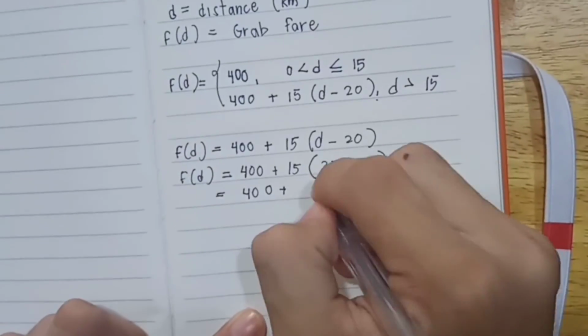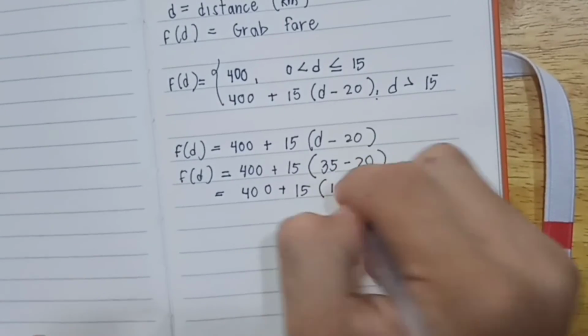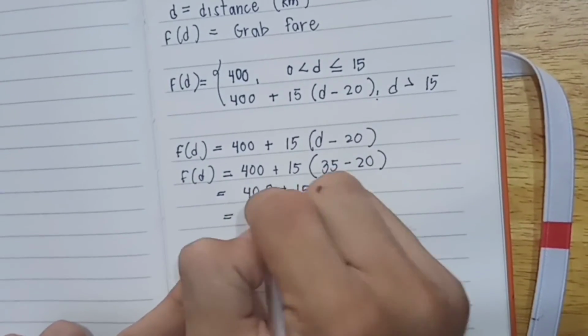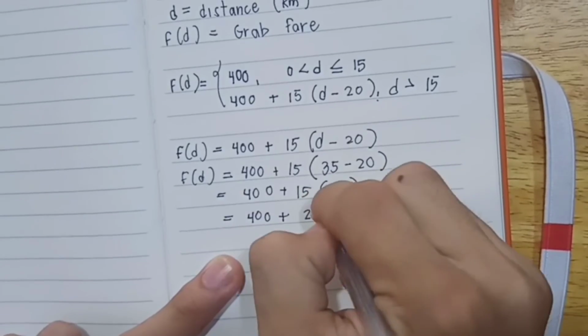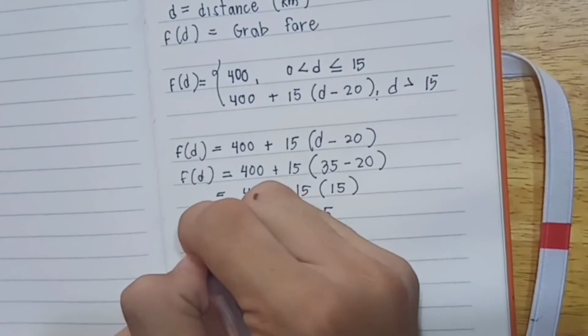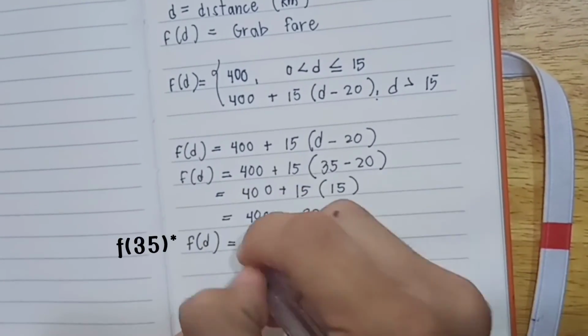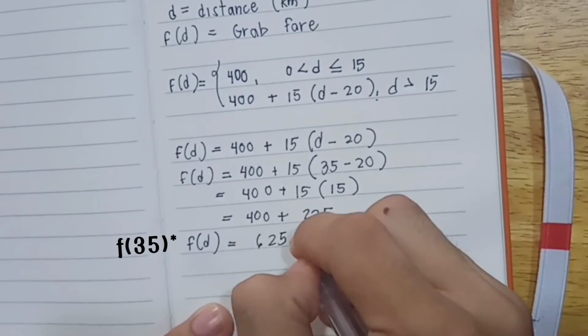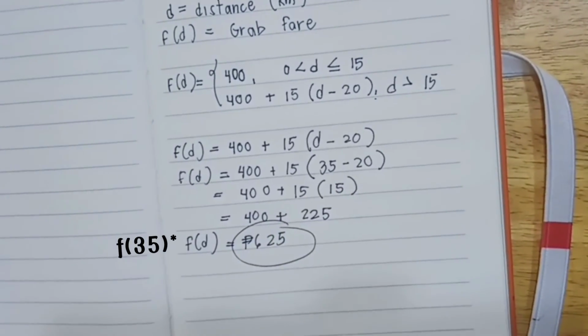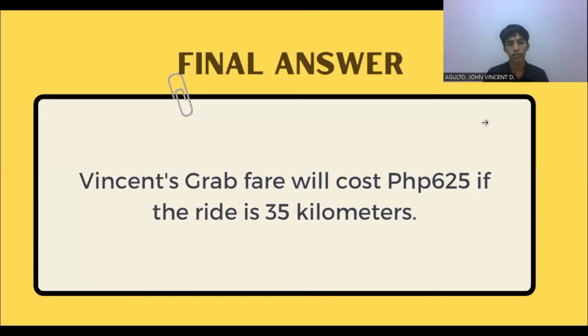Once you get the difference of 35 and 20, multiply 15 by 15. Next, 400 plus 225. And so the answer is 625. That's it. Our final answer is 625 pesos. Therefore, Vincent's Grab fare will cost 625 pesos if the ride is 35 kilometers.